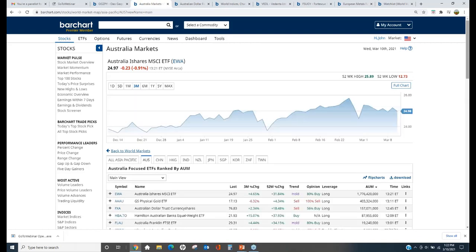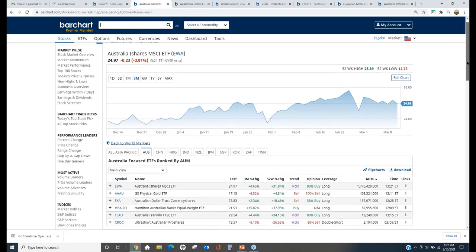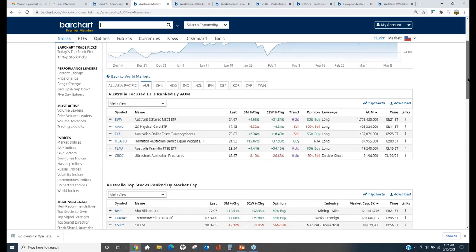Give me a second here to load up. All right, and so now we're in Australia. And again, here's our Australian ETF. And again, we have other ETFs that we could look at, right? And there's our Barchart Opinion and what the trend has been doing, how many assets under management, right?